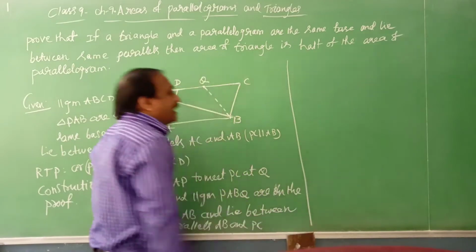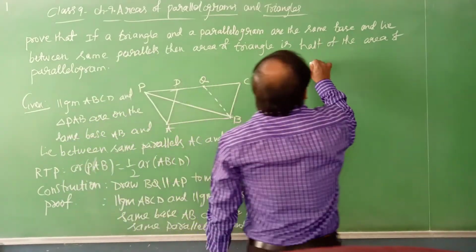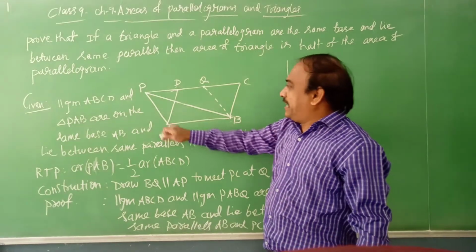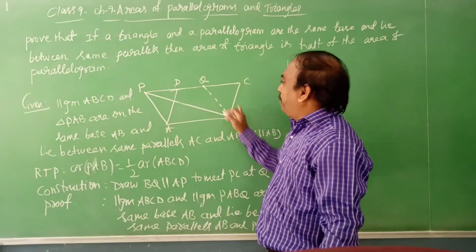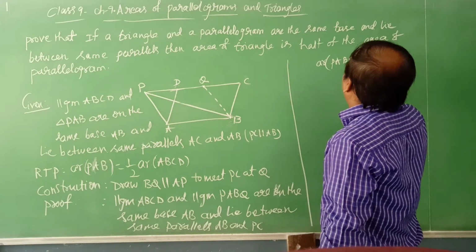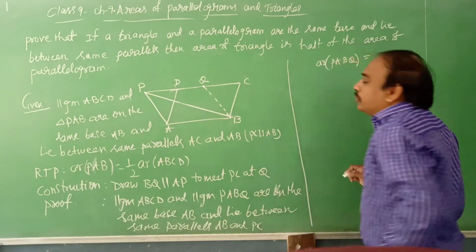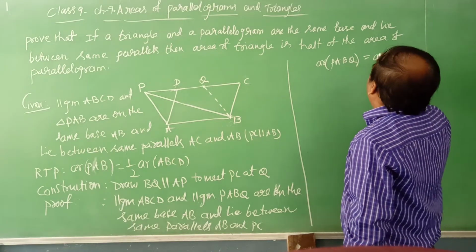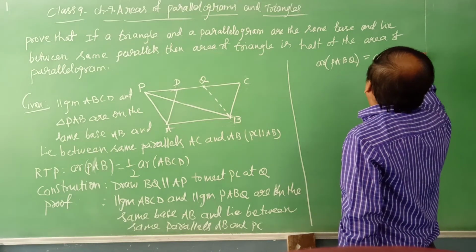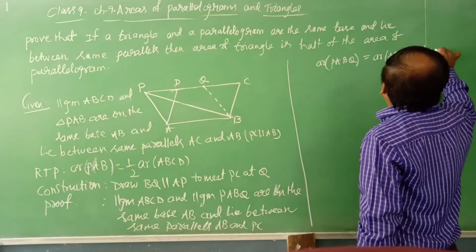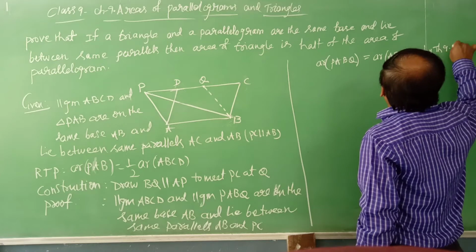So the area of parallelogram PABQ is equal to the area of parallelogram ABCD, by Theorem 9.1.